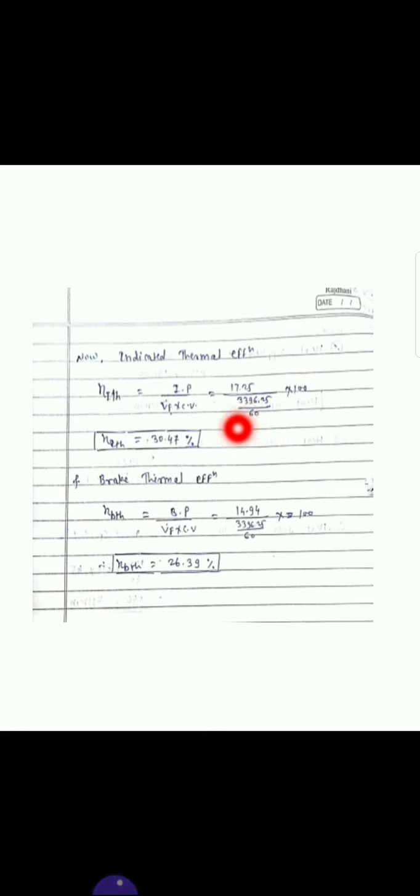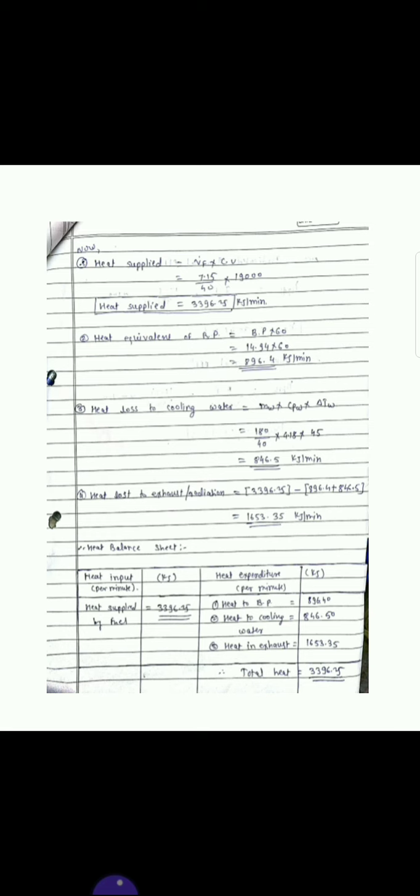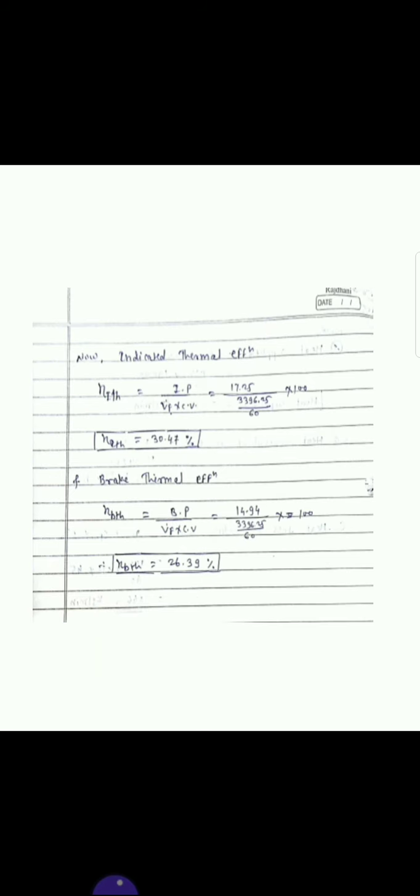Here we have divided by 60 because this 3396.25, this V dot F into CV, is in kilojoule per minute. That's why we convert it to kilowatt, that is, kilojoule per second. In this way we get the indicated thermal efficiency of 30.47.